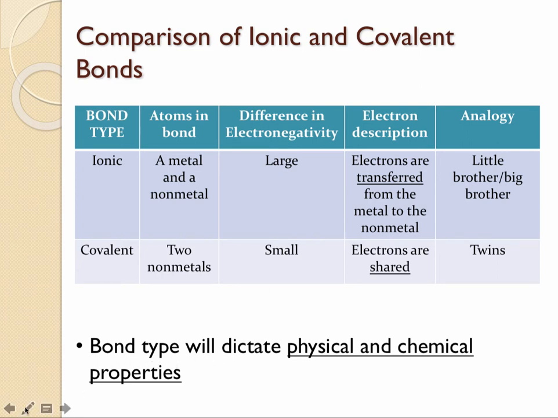Keep in mind, the important thing here too is that the bond type is going to dictate physical and chemical properties of compounds. Because in this ionic structure, we are making a crystalline structure, that's going to have very different properties from a covalent, which makes molecules.